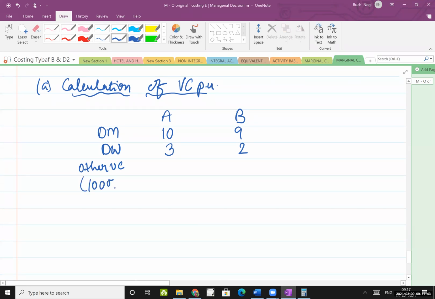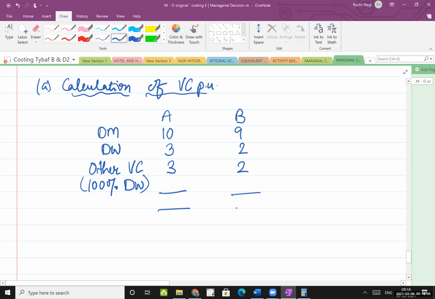So 100% of direct wages. So 3 rupees ka 100% is 3 rupees, 2 rupees ka 100% is 2 rupees. That's it.